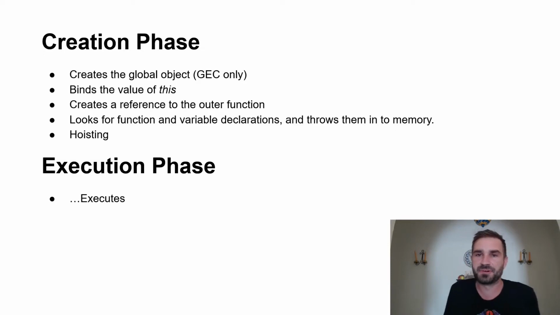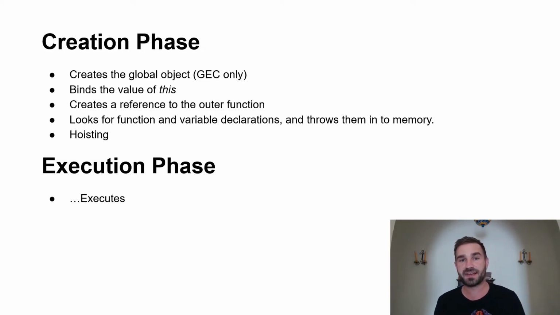Anyway, more on that kind of stuff later. But in the creation phase, the value of this also gets bound. So that's another thing that a function or some code might want to reference. It creates a reference to the outer function. Again, this is just a quick overview. We'll go into everything in a bit.